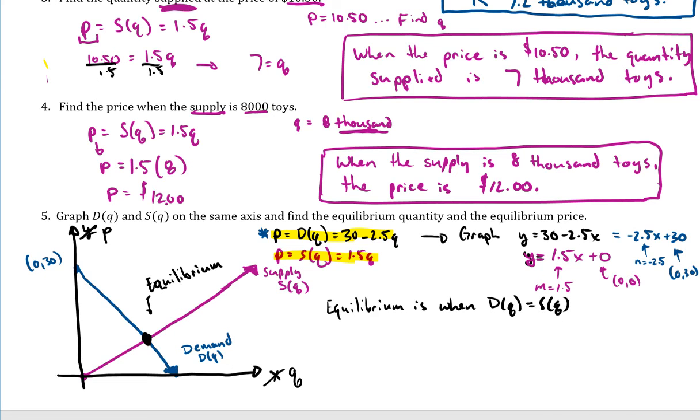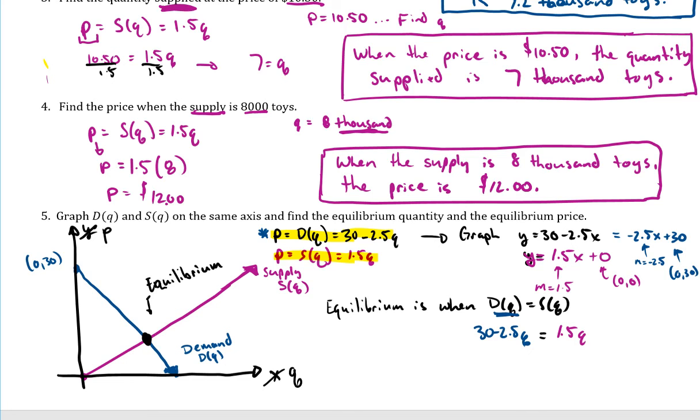Okay, and so it depends on what side we want to use to plug in. So the D of Q, let's go back to blue. This D of Q, it'd be best to use the 30 minus 2.5Q, and then set it equal to the S of Q portion that's on the right, the 1.5Q.